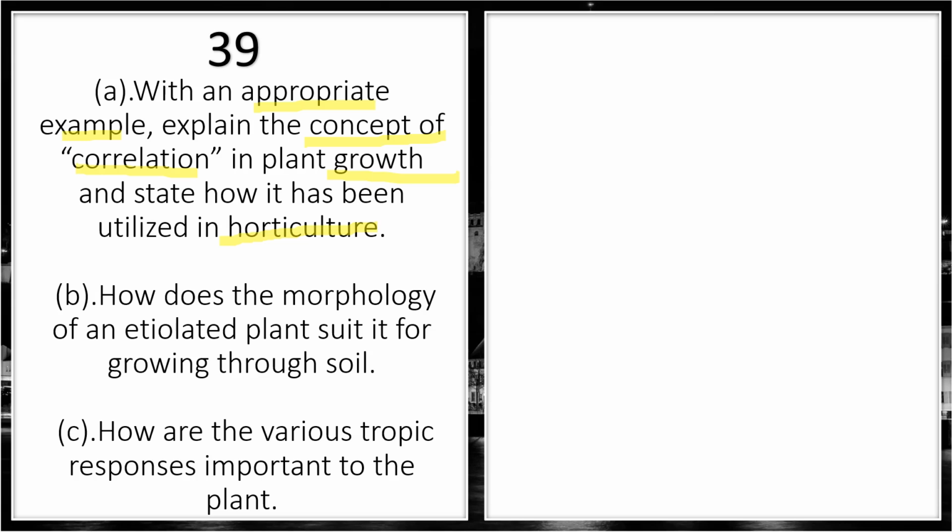Part B. How does the morphology of an etiolated plant suit it for growing through soil? Part C. How are the various tropic responses important to the plant?